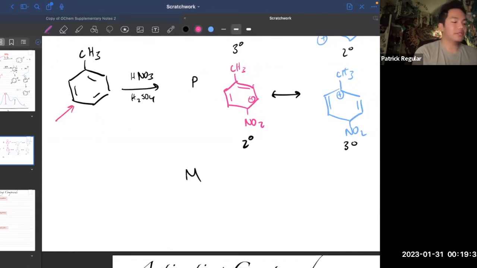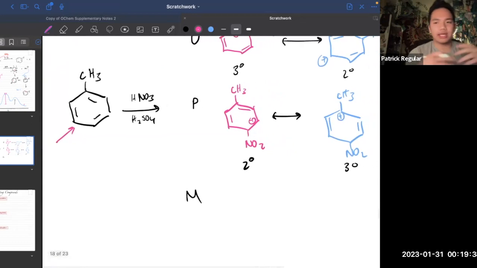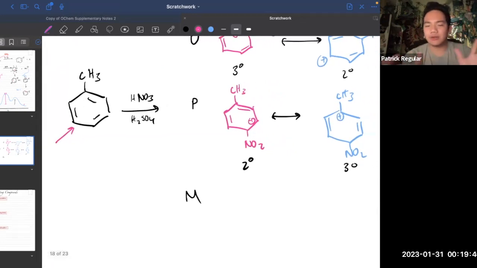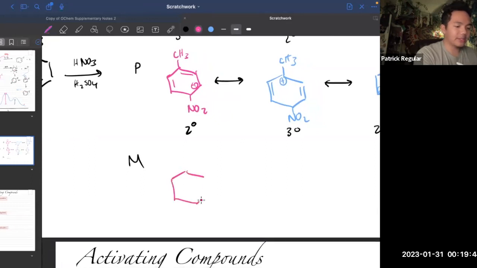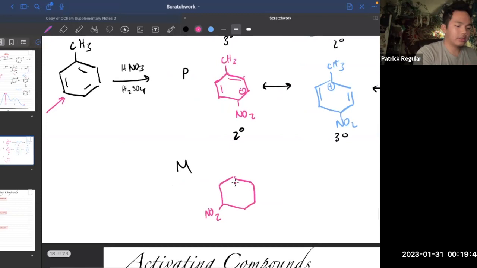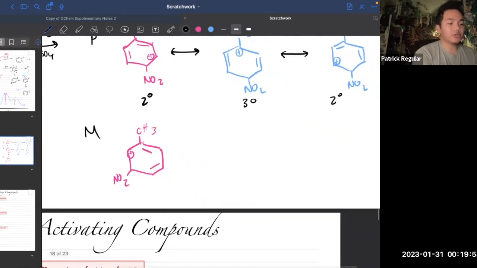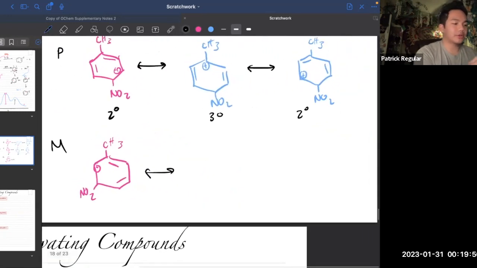Now let's do it one last time with our meta groups. So for our meta groups, there we go. If we were to break that double bond and put that electrophile on the meta position, we would form something that would look like this. NO2, keep the rest of the aromatic toluene, positive charge right here. All right, so now let's draw our other two resonance structures that we can form.